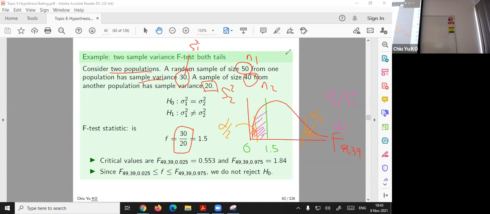So look at this 0.5 and the area. How to do it in Excel? How to calculate the area? You want the probability that F with 49 and 39 degrees of freedom is less than 1.5. So look at the Excel.